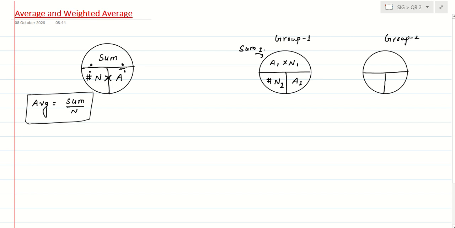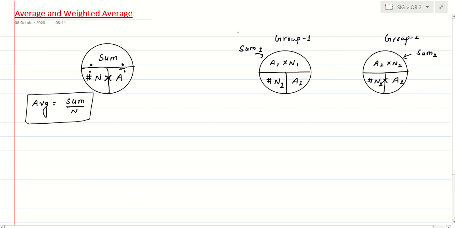Now take the other group of employees, where the average salary is A2 and the number of employees is N2. If we multiply these two, I'll get A2 into N2. This is summation 2, meaning the total salaries, total amount, right?